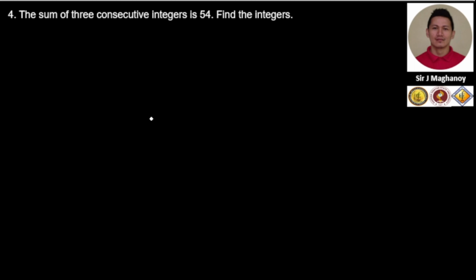If you've watched our video on our sample problem for numbers, once we read about three consecutive integers, our starting variable is x, our first integer, the second is x plus 1, and the third is x plus 2.